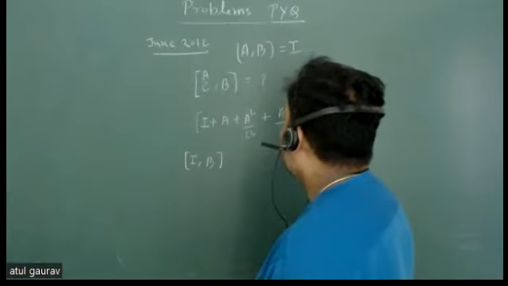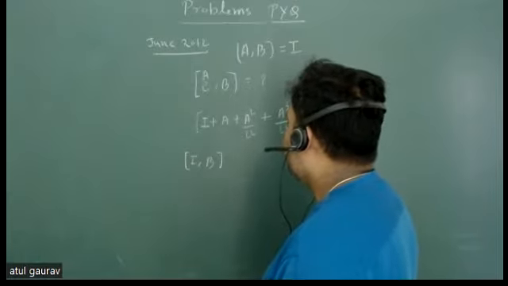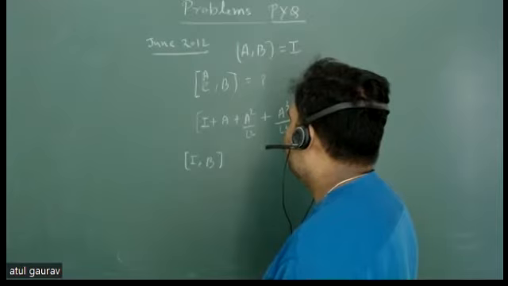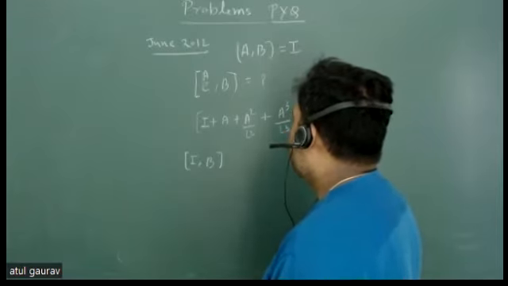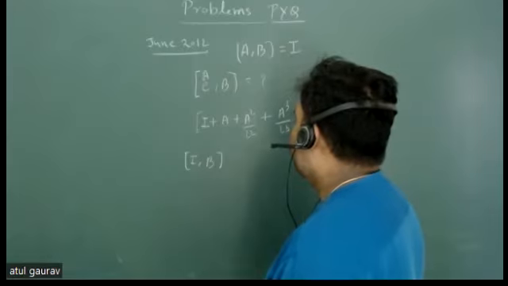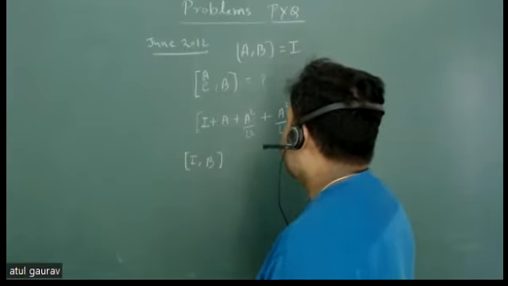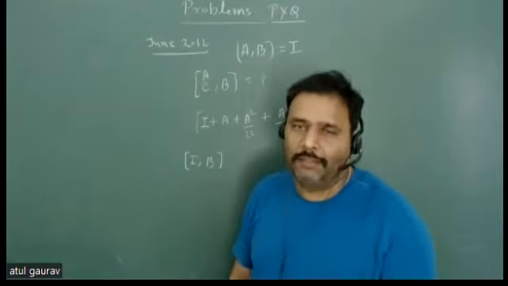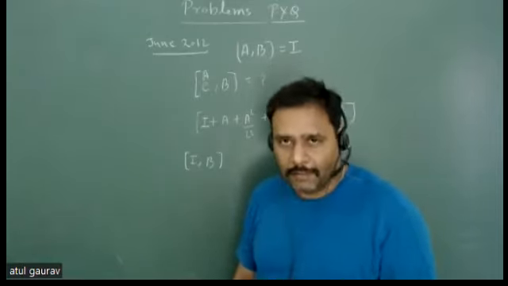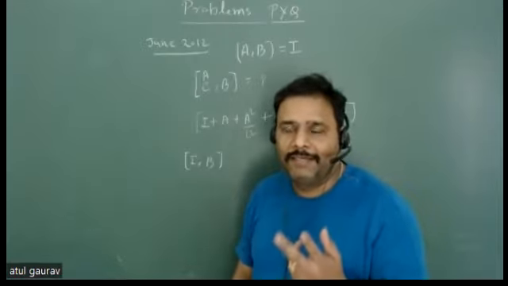I have one doubt. This expansion is valid when A is a diagonal matrix, right? Or is it the general case? No, A is not a diagonal matrix. This is valid when A is diagonalizable. These two things are different.